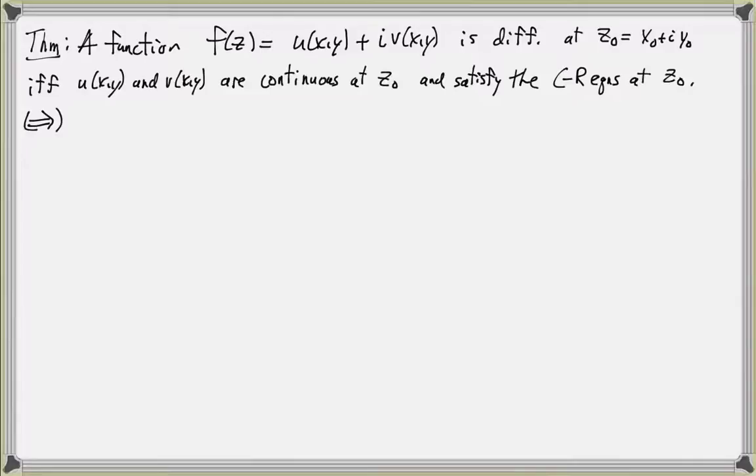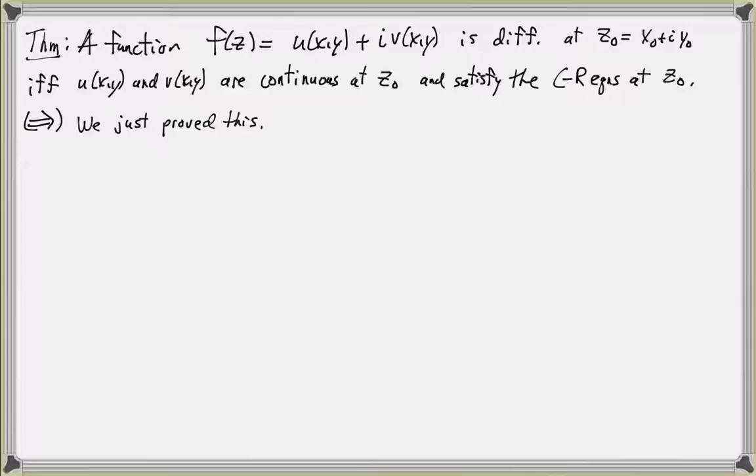So for the proof of the forward direction of this statement, we've actually already proven this. So we know that if a function is differentiable, we showed that its component functions satisfy the Cauchy-Riemann equations.